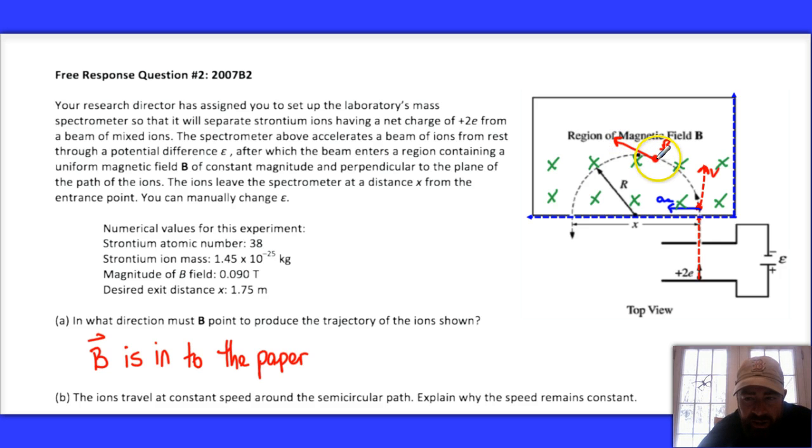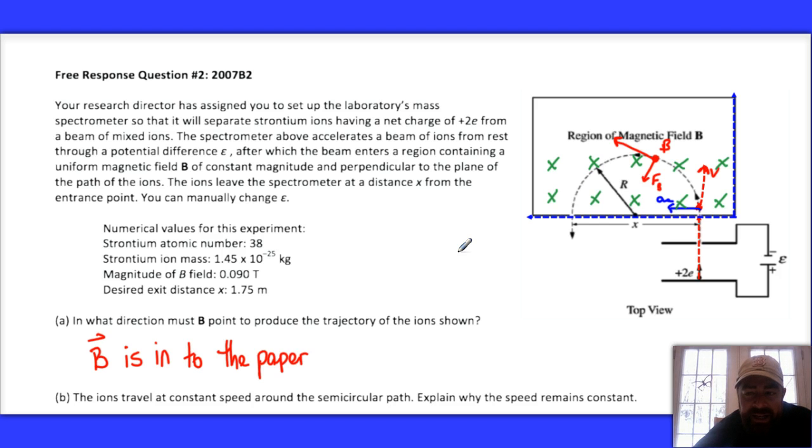The direction of the magnetic field is into the paper, which is still 90 degrees to the direction of velocity, which means that there still is going to be a full magnitude force directed towards the center of the circle, F sub B. And because that is true, we can say that the speed remains constant.